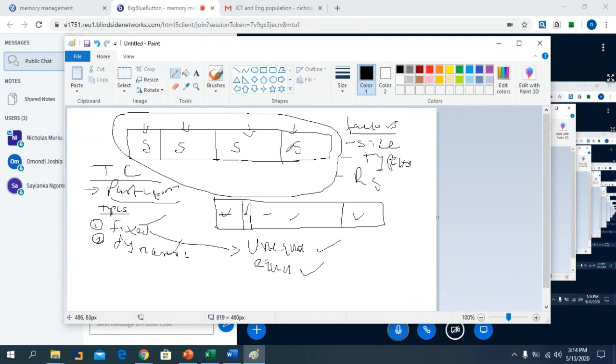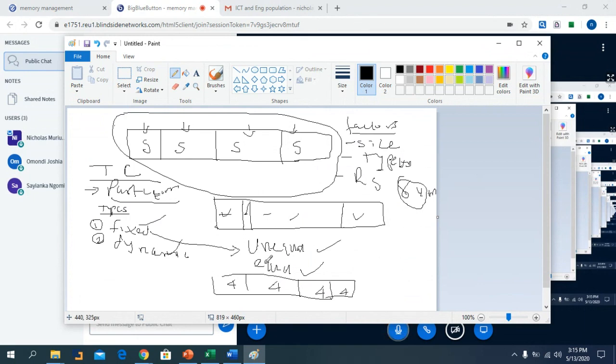When we talk about equal, suppose we have a memory of 64 and you want to divide it. You can divide this memory into equal parts, so you must know how many sections will be created. We divide them equally, meaning the first has 4, the next has 4, the next has 4, and the next has 4.